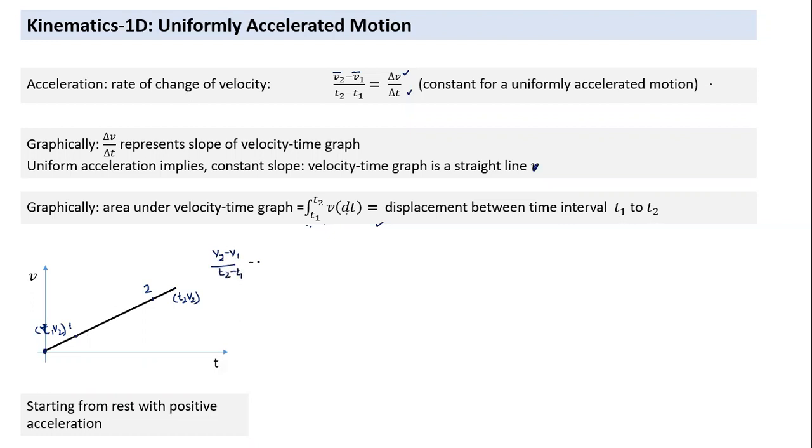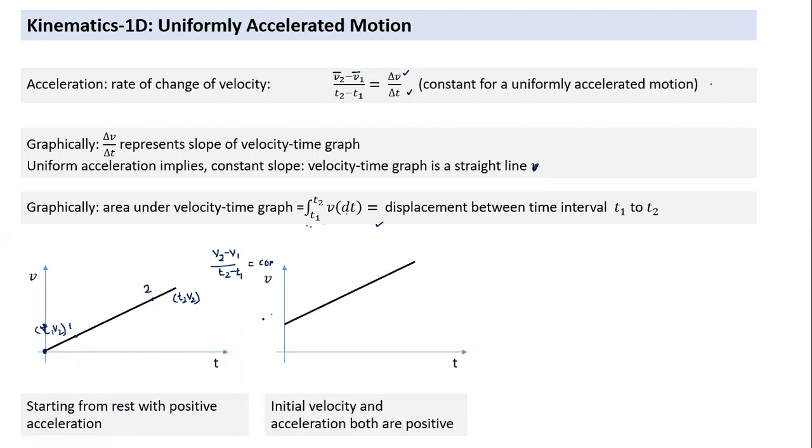That's what we are saying here. So what does this graph indicate? An object starting from rest with positive acceleration. Why is it positive? Because the slope is positive. And I hope you understood why rest: it is passing through the origin, so v is equal to 0 when t is equal to 0.